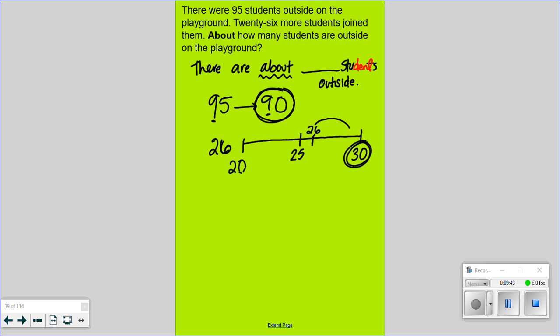An operation is a math action, like addition, subtraction, multiplication, division. Yeah, I'm going to add them together. I've got 90 kids first, right, Paxton? And then I'm going to add 30 more because that's about how many came out.